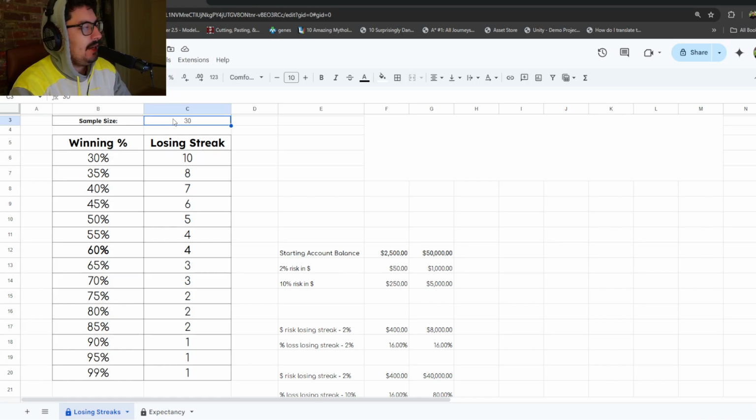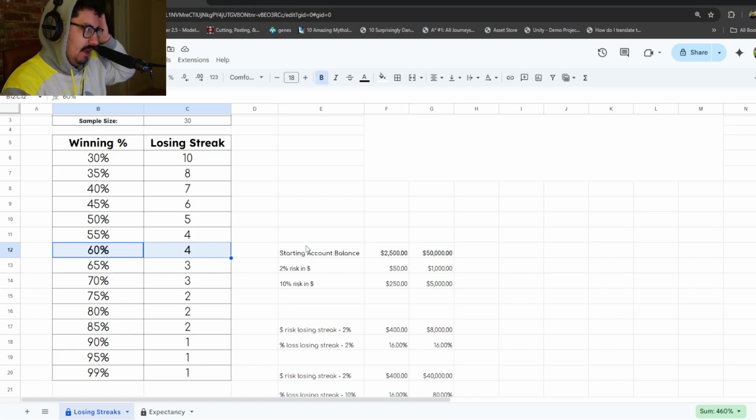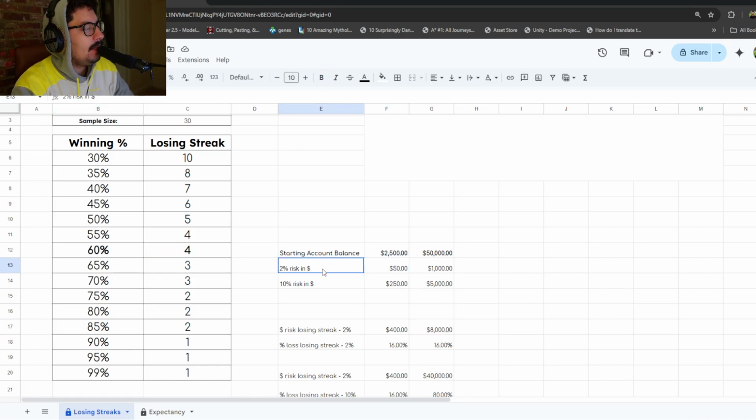So this is just saying, let's say it takes me 30 trading days to pass the eval, which is pretty long if you're risking aggressively. I would have 4 losing trades in a row in there somewhere. And 2% is the high end of risk in the recommended zone. It's like 0.5% to 2% is how much you should be risking.